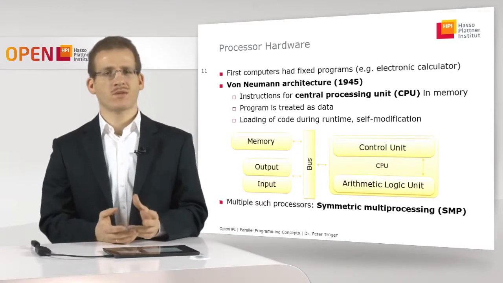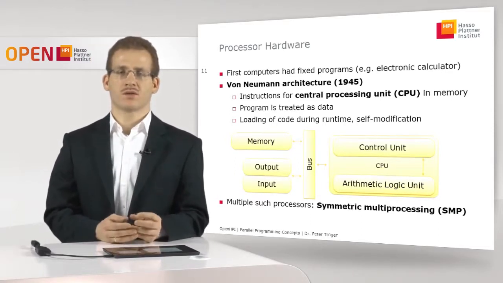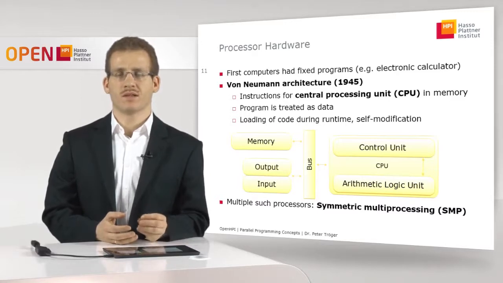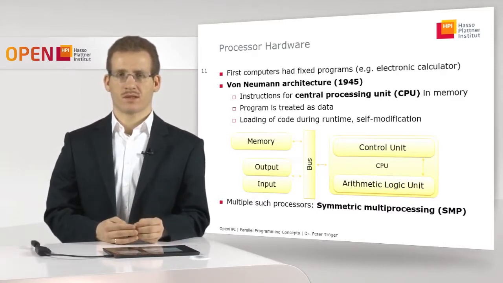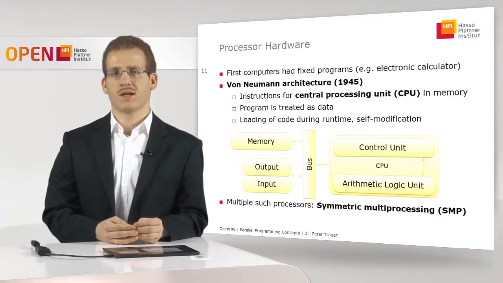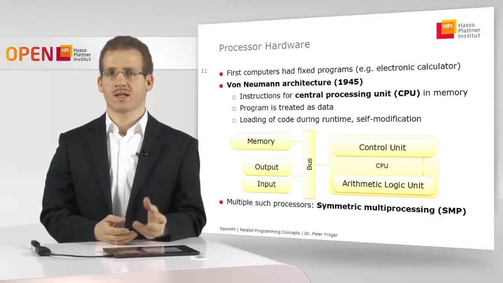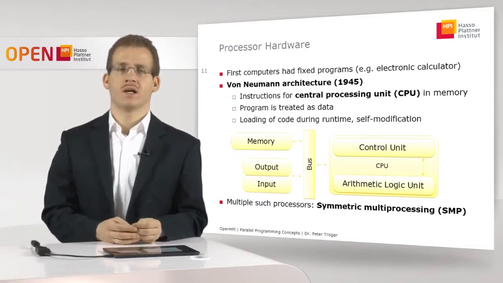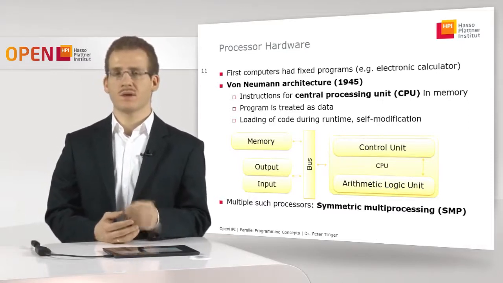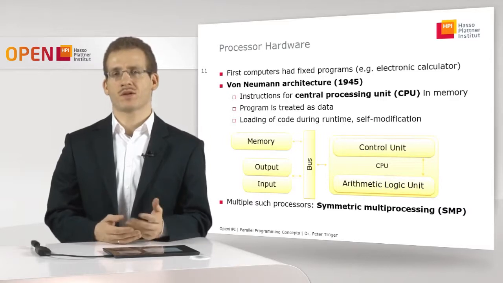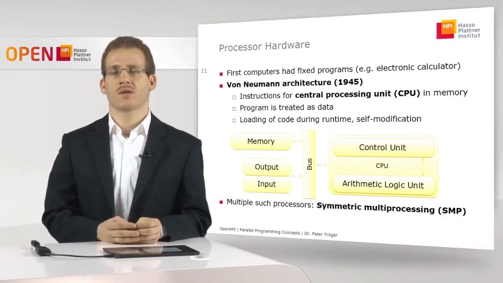This is a very simplified structure, but it shows you some of the most relevant details we have with the processing of programs and instructions. So whenever the CPU wants to execute a particular instruction, it has to get the instruction from the memory, it has to get some piece of data from the same memory, and then it can perform an actual computation or any other kind of operation.